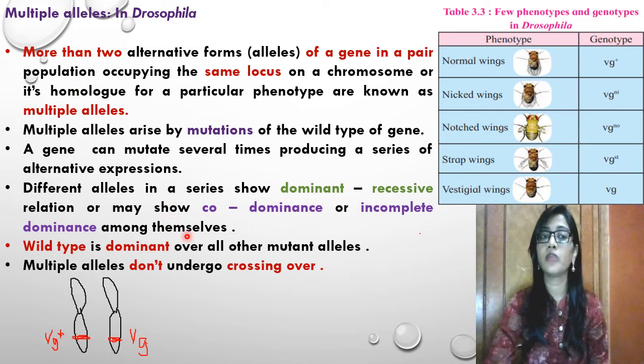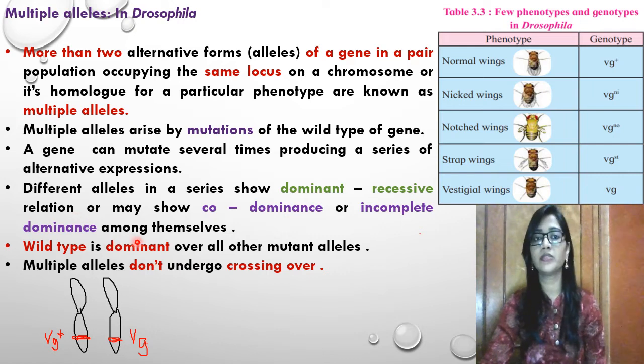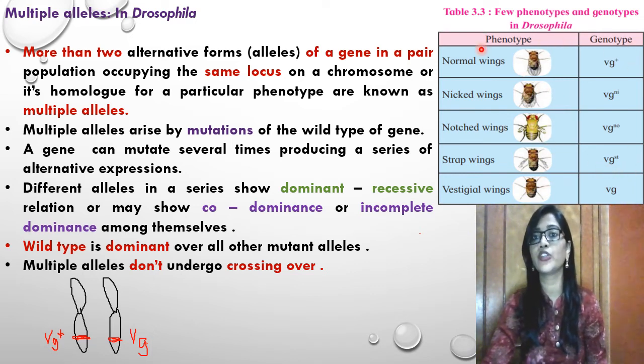Okay, so that's all about multiple allelism. If a question is asked on multiple allelism, you can study two examples. First is related to the ABO blood group system, and another is regarding Drosophila. Of course, it is not essential that you draw the diagrams of the Drosophila, but the chart is important, where you talk about the phenotype and the genotype.